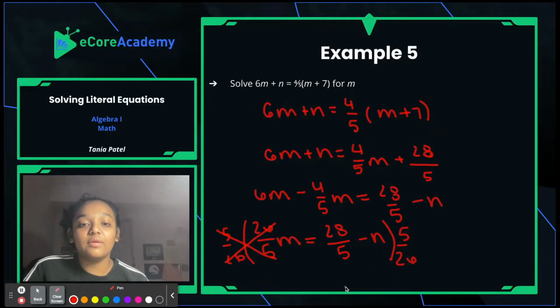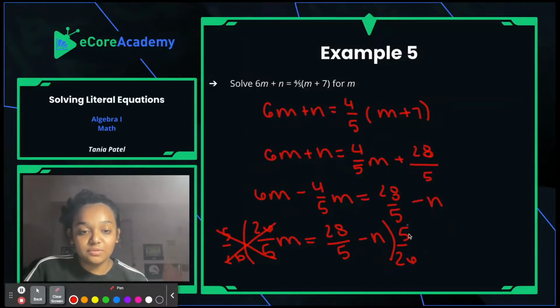We will finally be able to solve for m when we distribute the coefficient's reciprocal to this side of the equation. And we have to distribute to both terms.